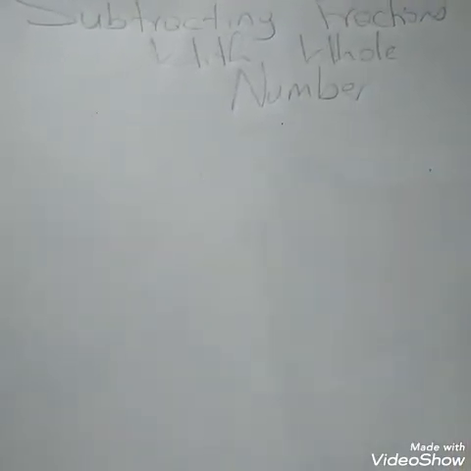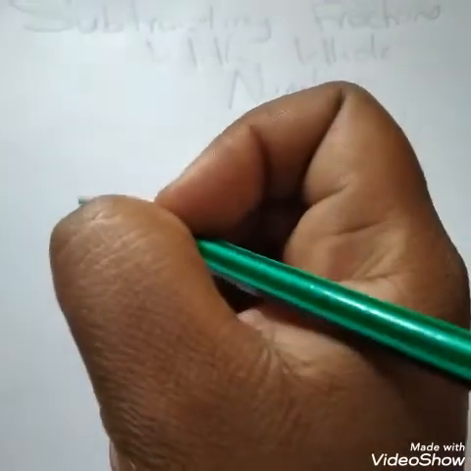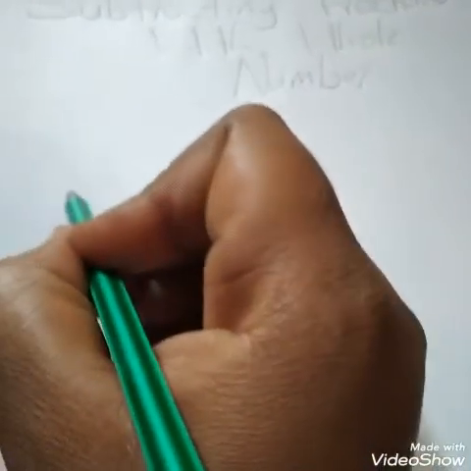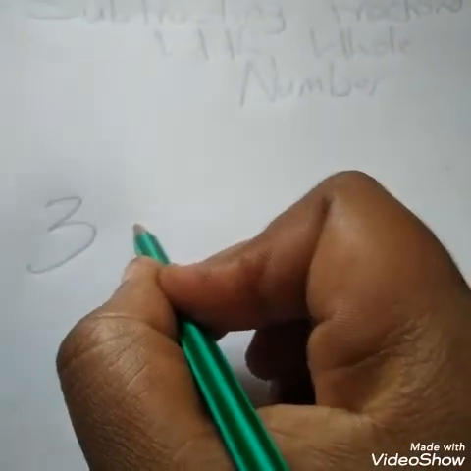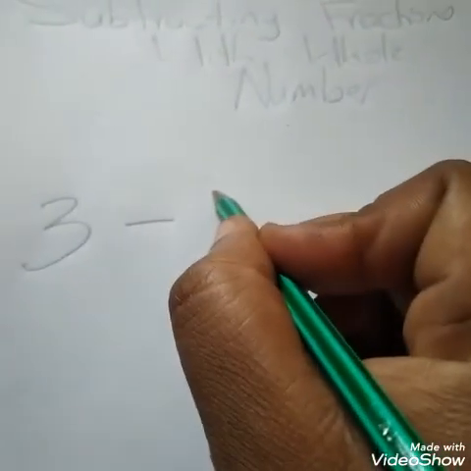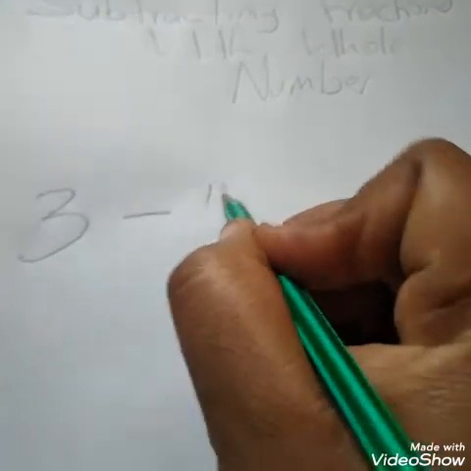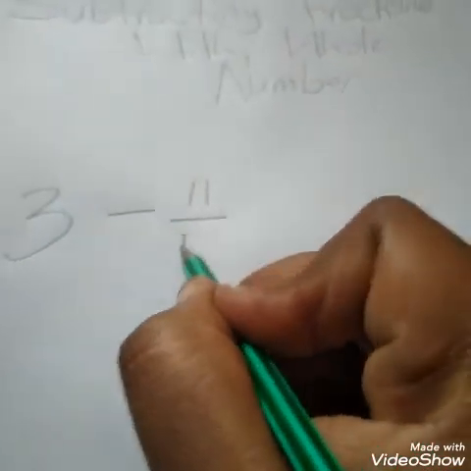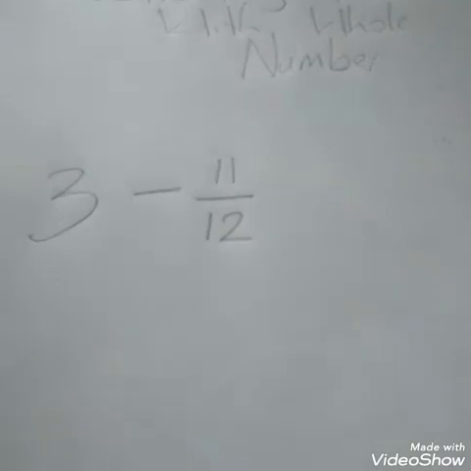So first things first, we're going to start from the simplest. Let's take this whole number, 3, minus, let's say, 11 over 12. Good.